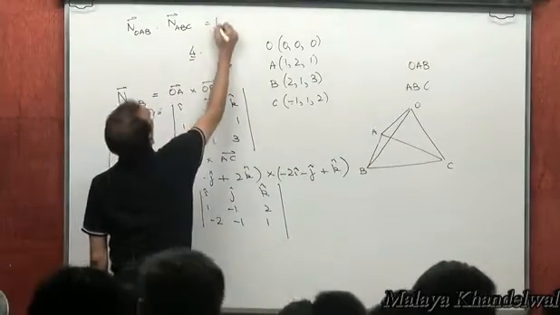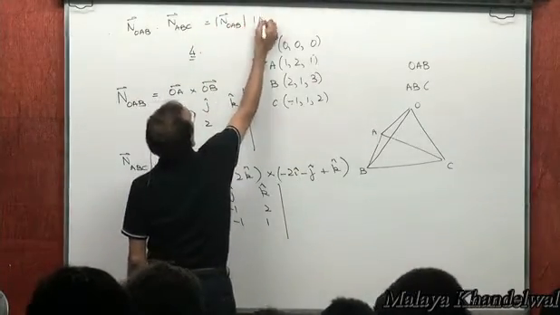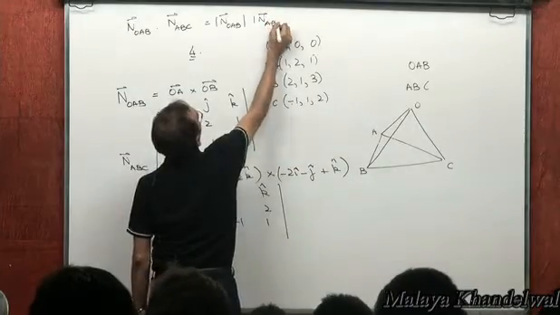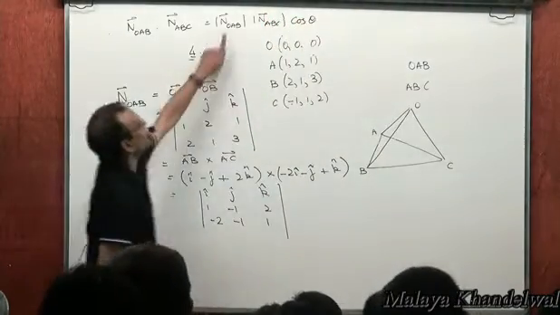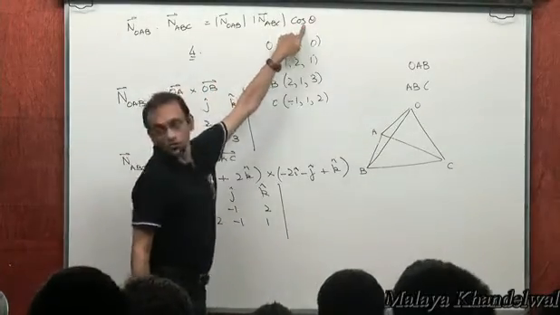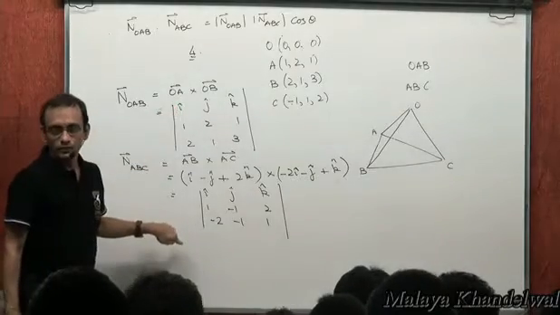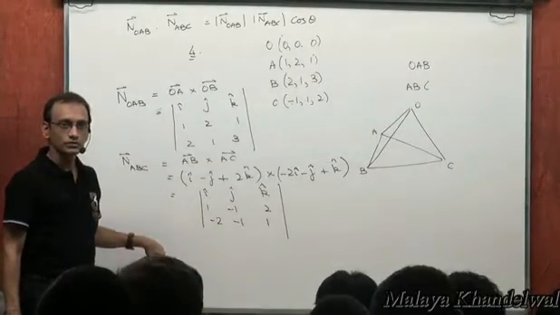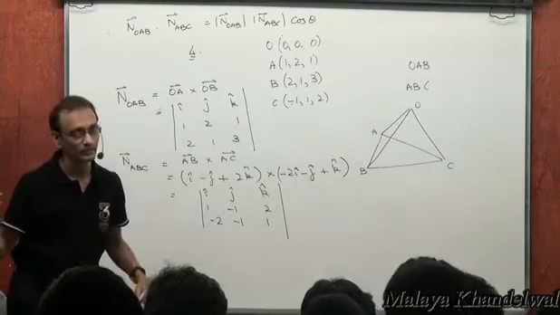That will be mod N_OAB into mod N_ABC into cos theta. Theta would be the angle between the two normals. Mod n you can find, mod N_ABC you can find, cos theta is what you need, and the dot product you can find from these two final expressions. So you can find cos theta, and therefore you would get theta equal to, let's say, some cos inverse something. Okay.